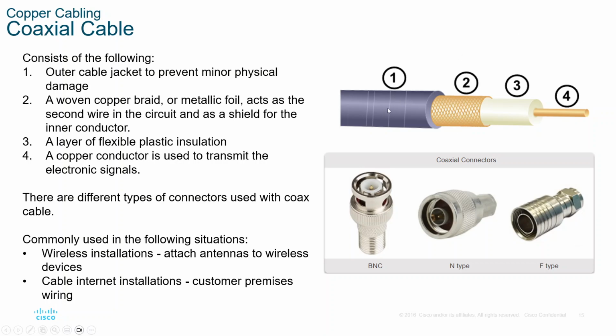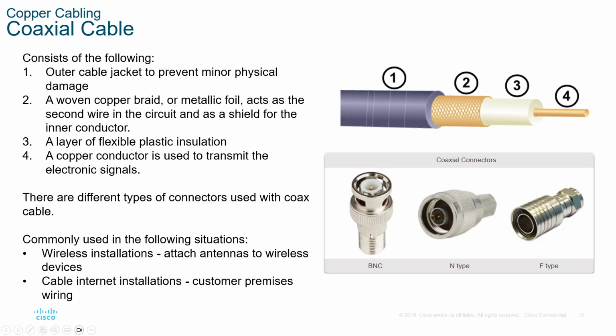It also has the core, shield, and here, this is the core, sorry. All these three protect the core from outside interference. The connectors they use are called BNC, N-type, and F-type. BNC is the more common.